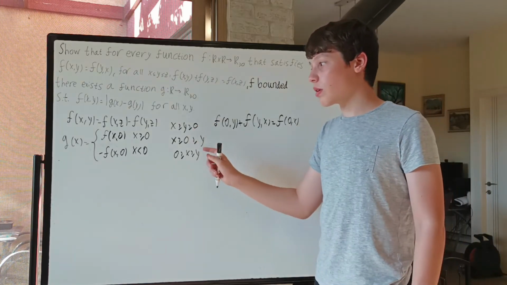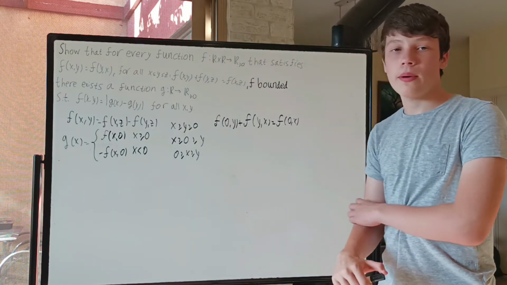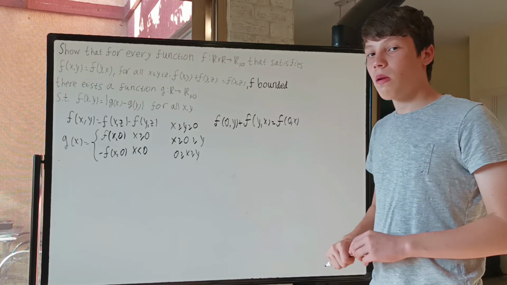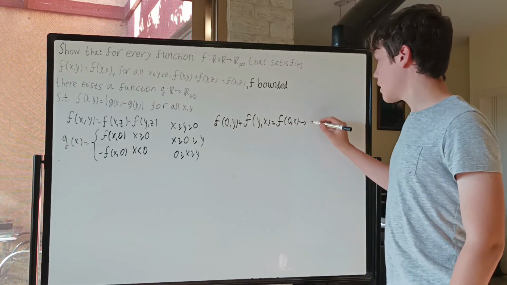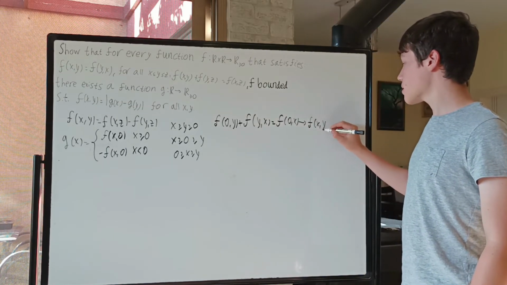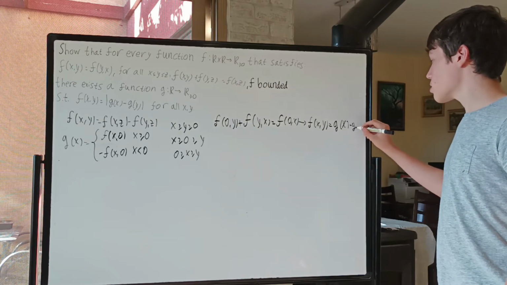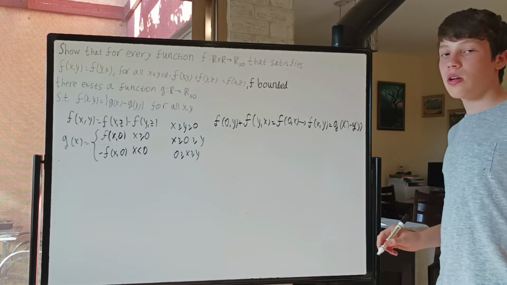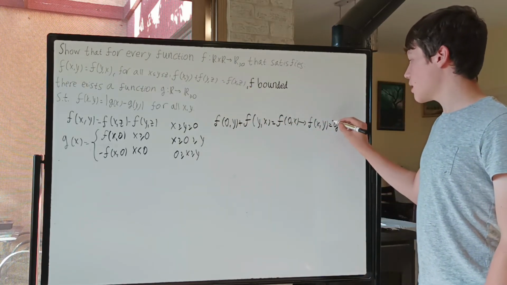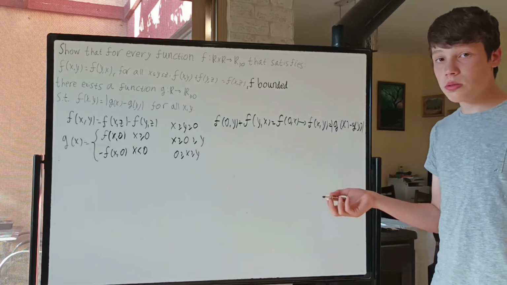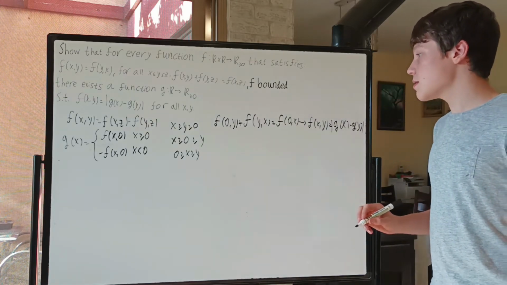Because both of them are bigger than or equal to 0, and then I can choose them to be that way. Okay, so now I get that f of x, y is equal to g of x minus g of y, right? And because f is to R greater than or equal to 0, I can just put an absolute value over it and still be fine. So that's the first case.